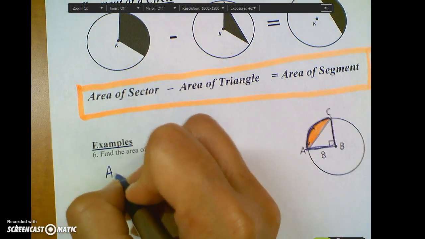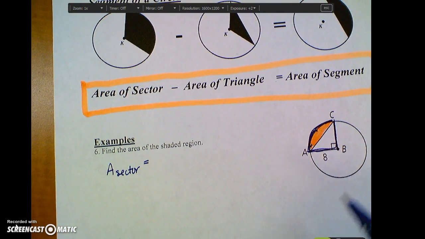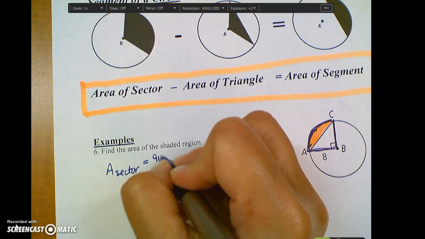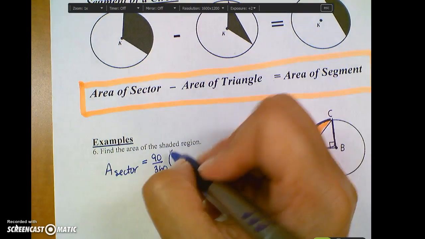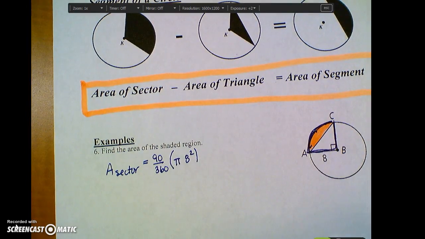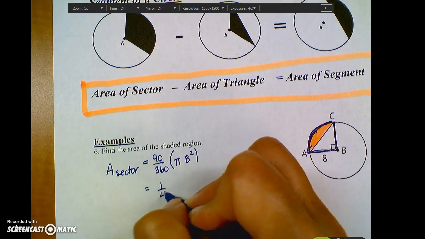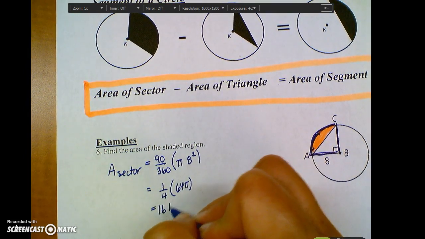So the area of the sector is going to be found by taking the central angle over 360 times the area of the circle, which is pi r squared. Okay, so that comes out to be 1/4 of 64 pi, which is 16 pi.